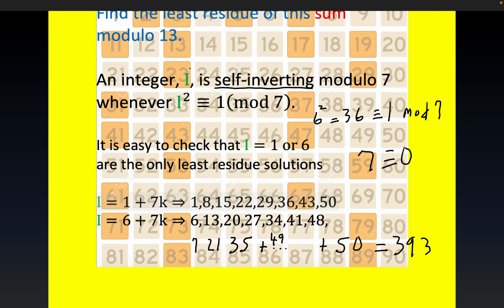Now what we're supposed to do is reduce this sum modulo 13.